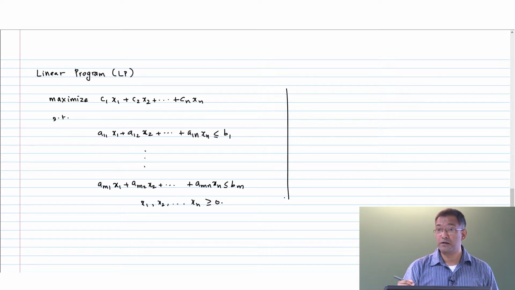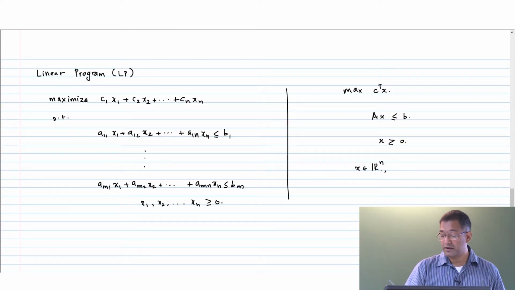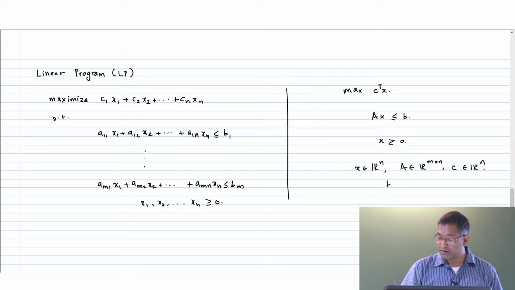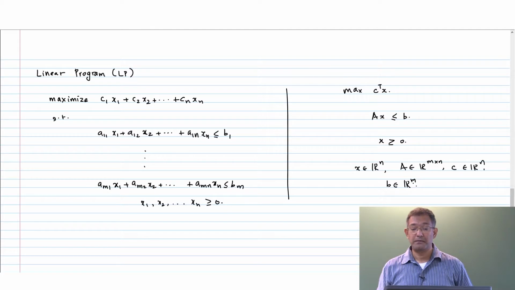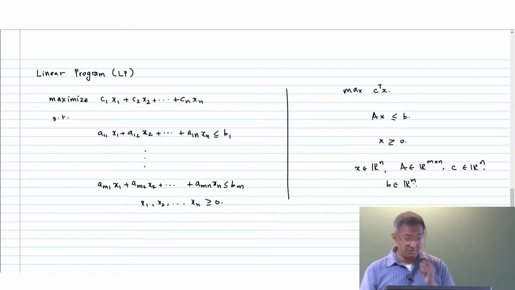You can write it in matrix vector notation as maximize C transpose x subject to Ax less than or equal to b, x non-negative, where x is in R^n, A is in R^(m×n), C is in R^n, and b is in R^m. So, this is the general linear programming problem.